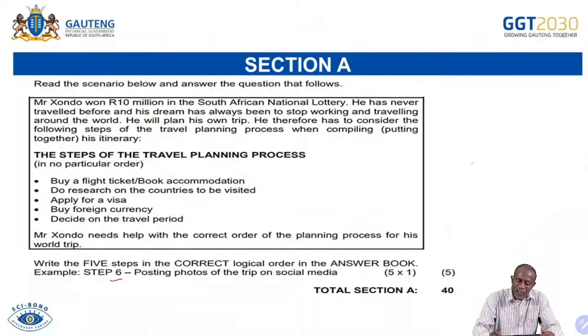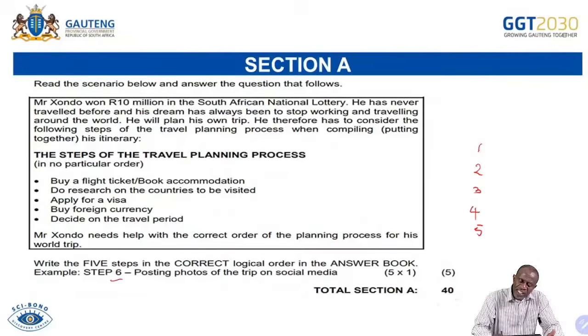Remember, you are writing 5 steps, so it means you'll start with step 1, step 2, 3, 4, and 5. So what you do, you need to rearrange which one comes before the other. So in the correct order, what he needs to do first, then you arrange these processes that will help him plan his trip effectively.